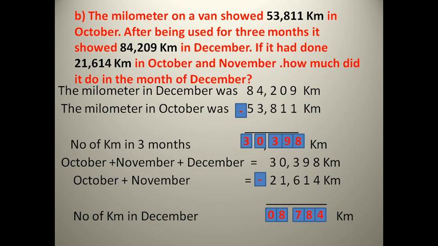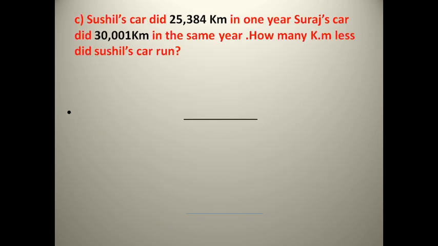Next here, Shelly's car did 25,384 kilometers in 1 year. Suraj's car did 30,001 kilometers in the same year. How many kilometers less did Shelly's car run?